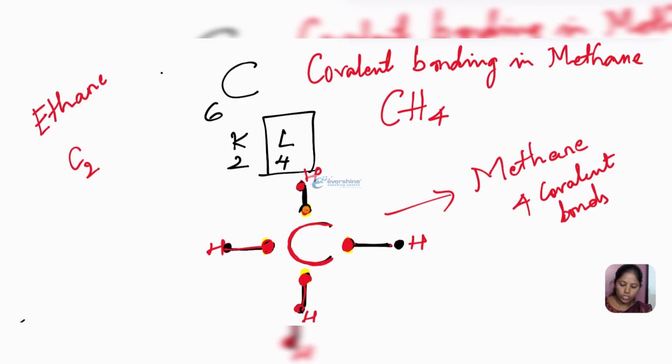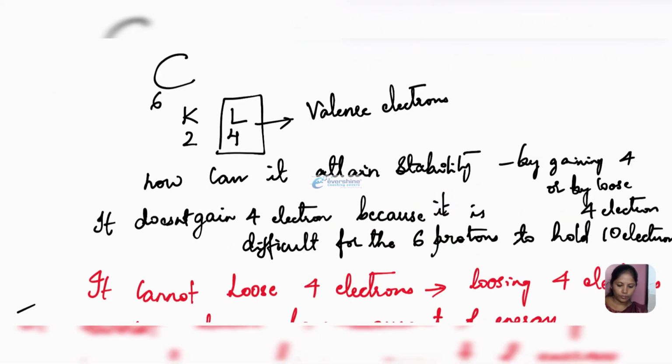At the outermost shell of the carbon there are 4 electrons. These 4 electrons are shared with 4 hydrogens. Each carbon and hydrogen mutually shares one electron and forms 4 covalent bonds. So this is the electron dot structure of methane, CH4.